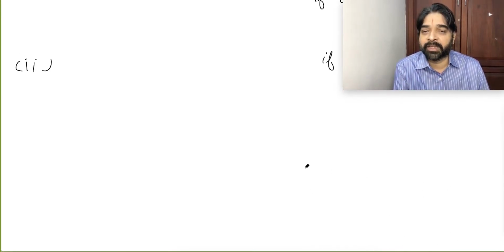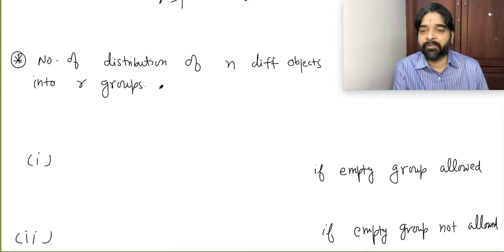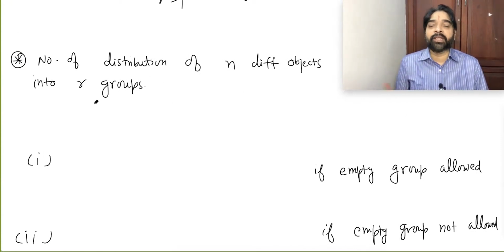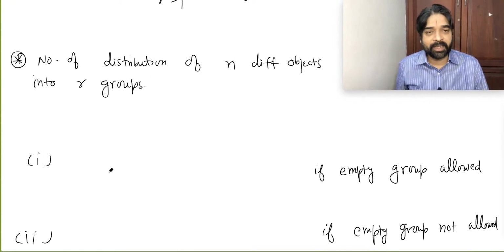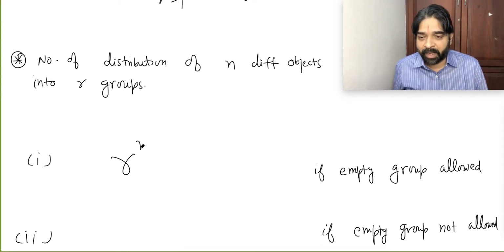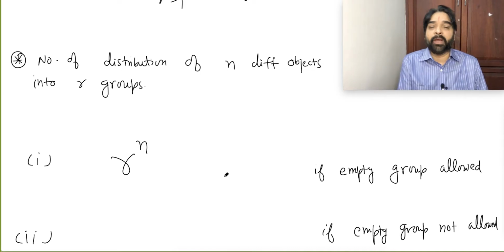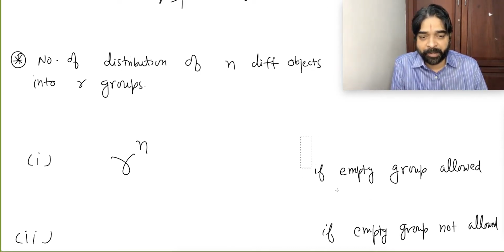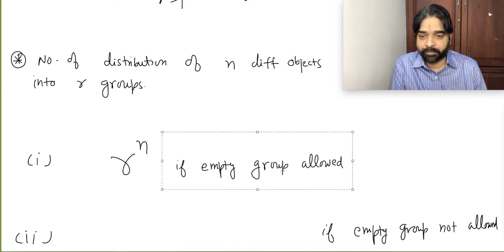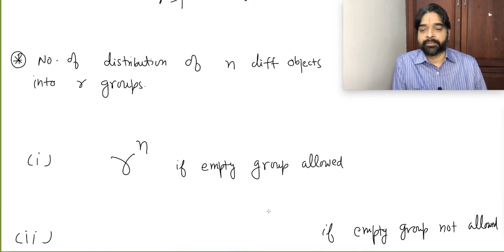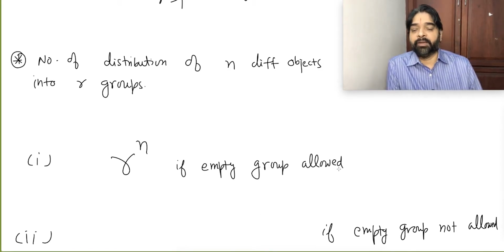Your first job is done. The number of distributions of n different objects into r groups, with the same condition, will be r power n if an empty group is allowed.